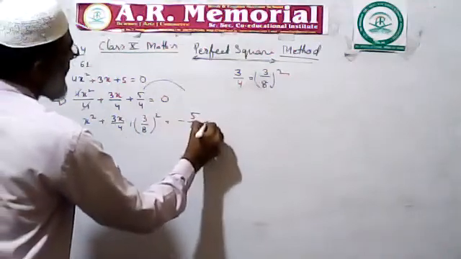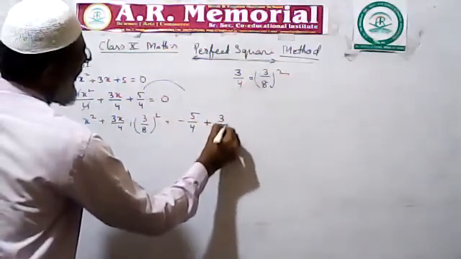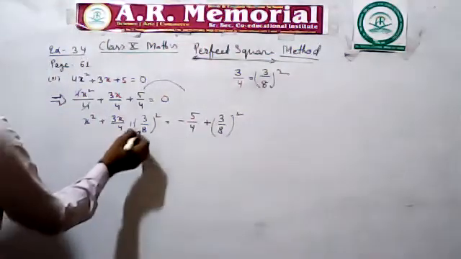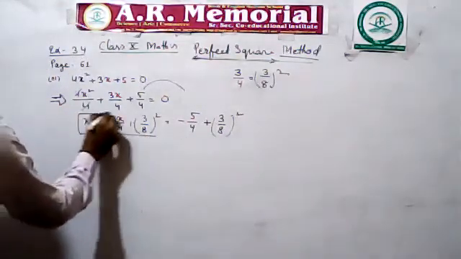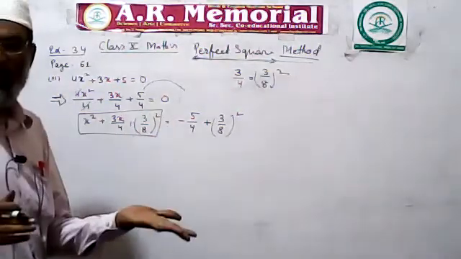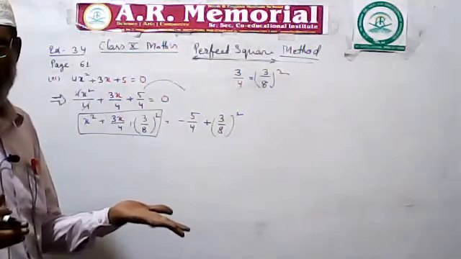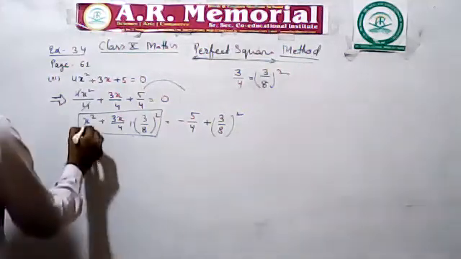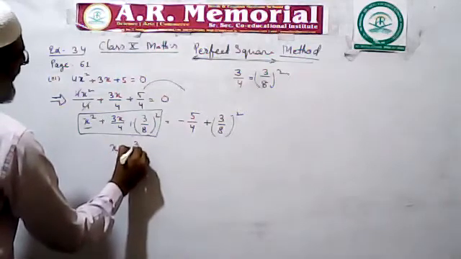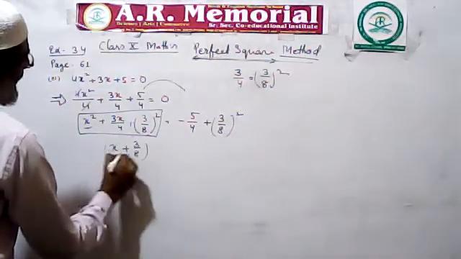On this side also the same 3 upon 8 square. What happened on this side? All three terms disappear, and new terms appear. Which one? First one and last one: x plus 3 upon 8 whole square.